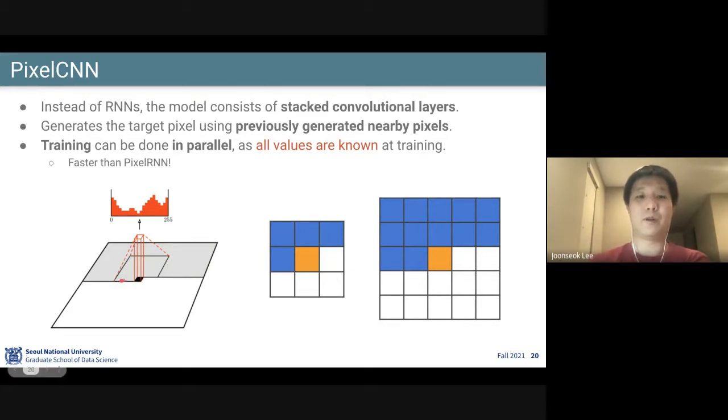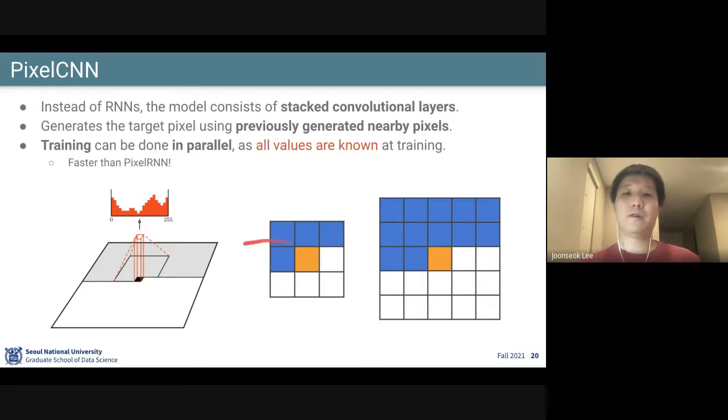So suppose we apply the convolution here, this gray area is known, so we can use those values when we learn the pattern. But the other white area is not generated yet, so we should not refer to that area. 5 by 5 looks like this. So basically, they use these shaped convolution layers to learn the patterns and to determine the pixel to generate at that point.